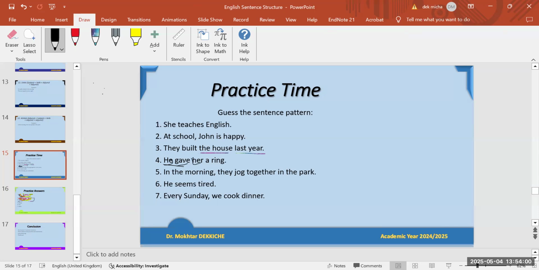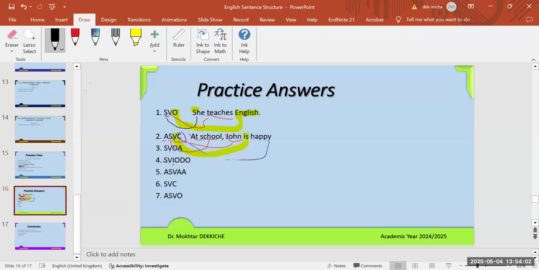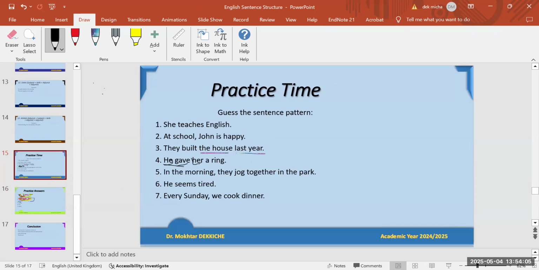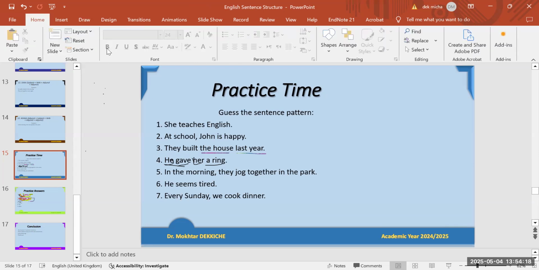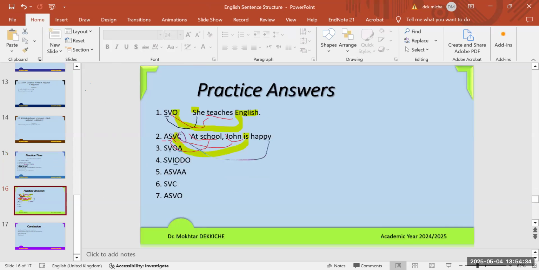Her is the indirect object, and a ring is the direct object. We can say he gave a ring to her. But for fluency, we say he gave her a ring. So the structure is subject, verb, indirect object, direct object.